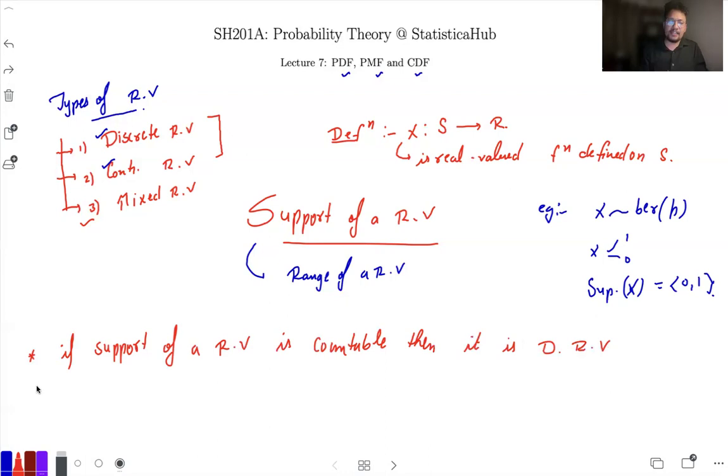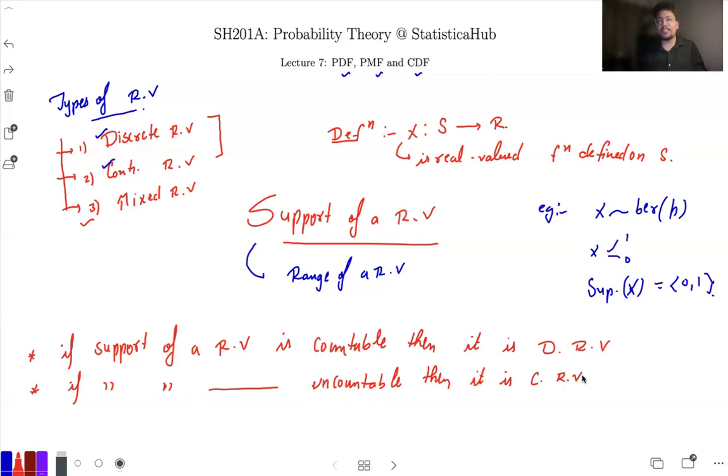And if the support of a random variable is uncountable, then it is a continuous random variable.